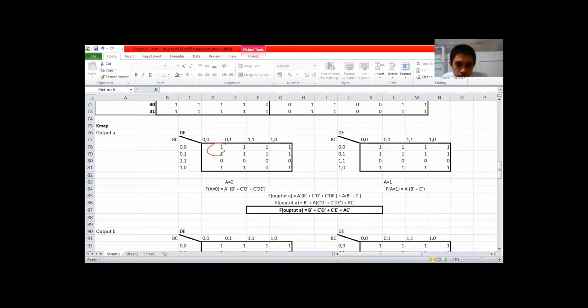We group these 8 ones on the first K-map. And then the second group will be this one.